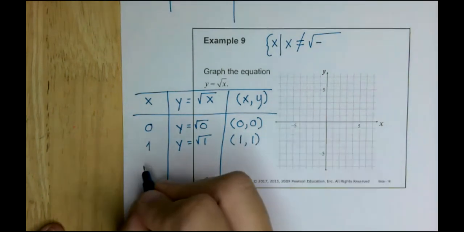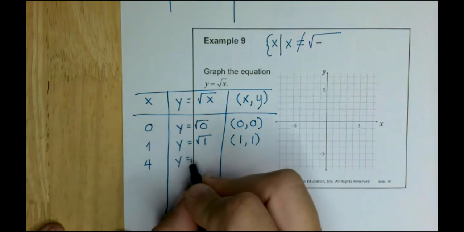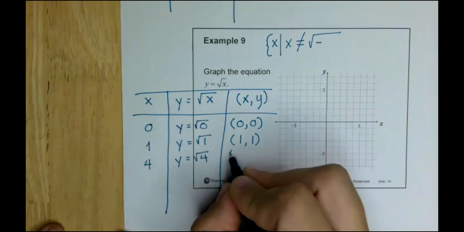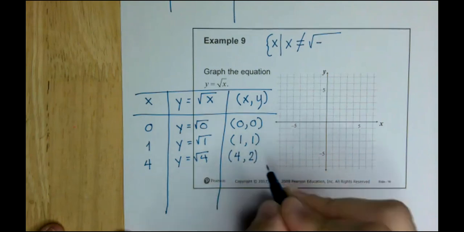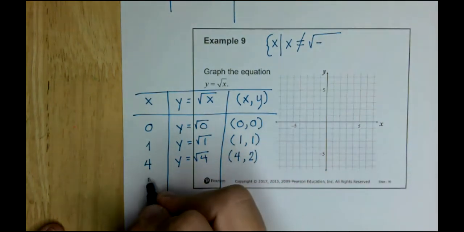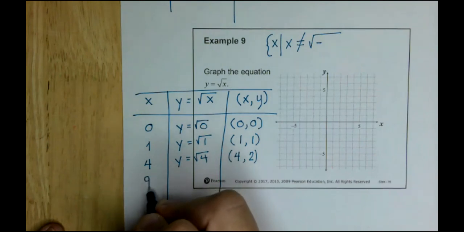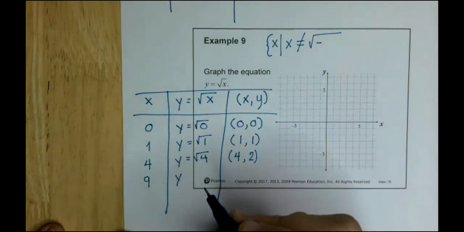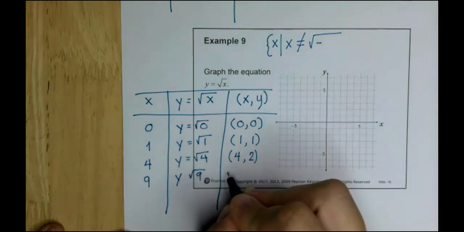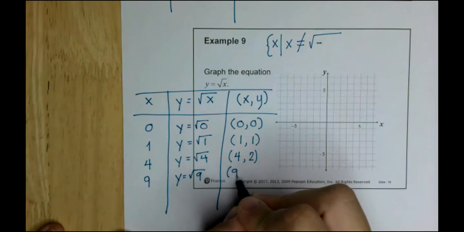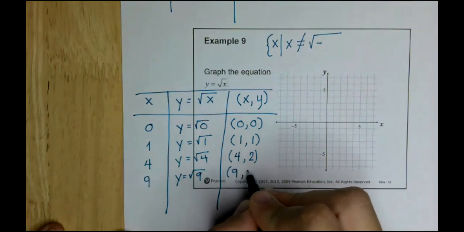And then I'm just going to go. The square root of 4 will give me x is 4, y is 2, right? 3 squared is 9. So y is the square root of 9. X is 9, y is 3.